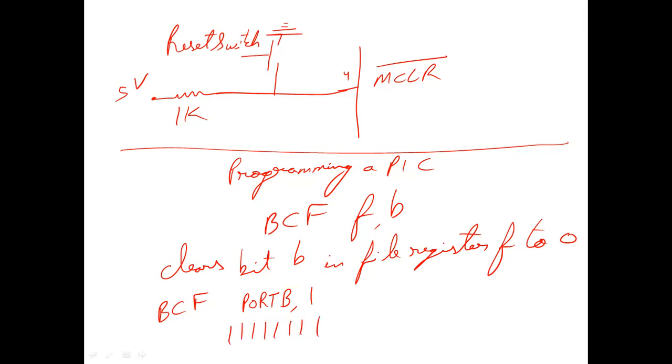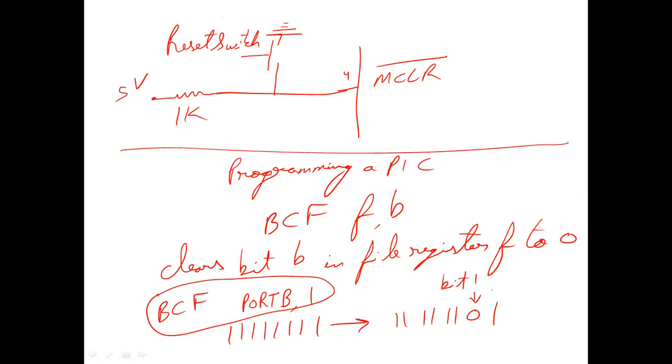So this is RB0, RB1, RB2, RB3, RB4, RB5, RB6, RB7. So this command will make this status like this. So this is bit 1. So this bit 1 has become 0. Okay.